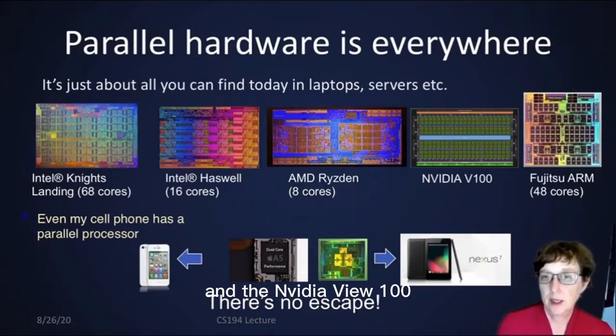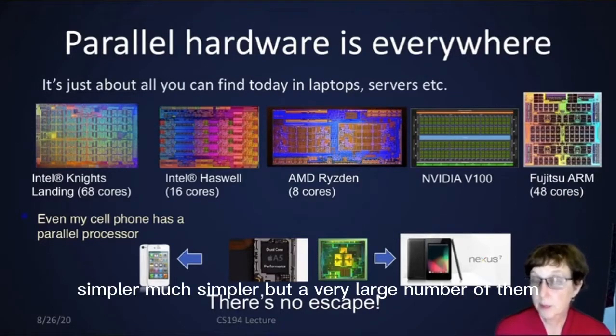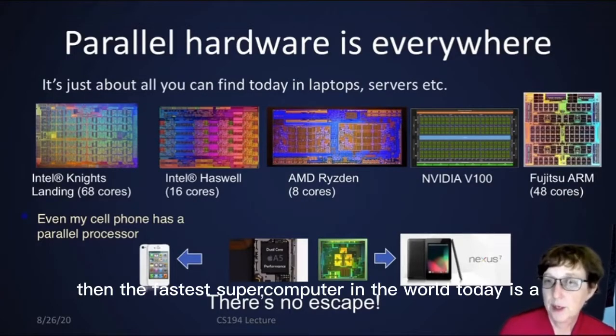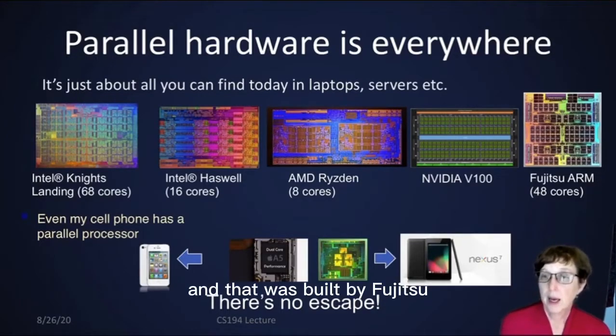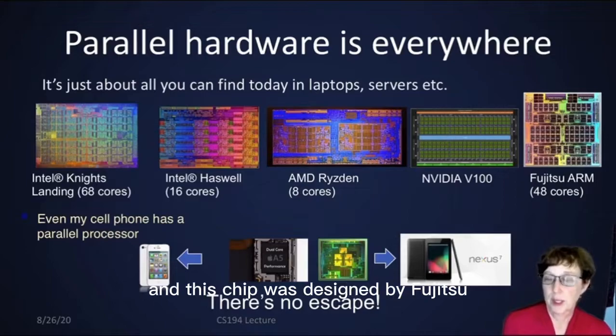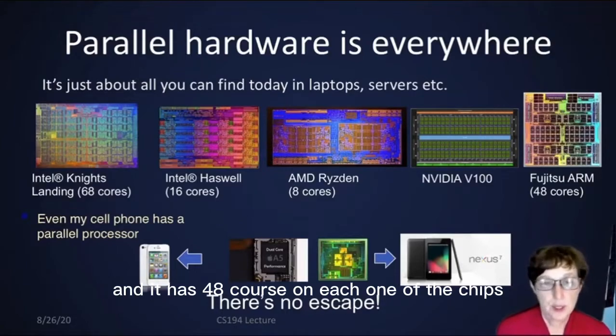And the NVIDIA V100, a GPU, has hundreds of these types of cores that are a little bit simpler, much simpler, but a very large number of them. And then the fastest supercomputer in the world today is a computer in Japan called Fugaku, built by Fujitsu, and this chip was designed by Fujitsu. It's based on the ARM architecture, and it has 48 cores on each one of the chips.